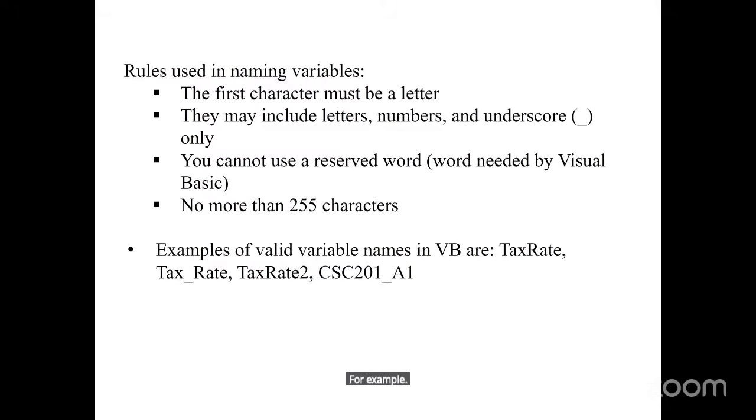You've seen the rule that it must start with a letter, you must not use a reserved word, then it must be followed by letters, numbers and so on, and it must not be more than 255 characters. These rules will help you in naming your variable, in creating an identifier for that variable.